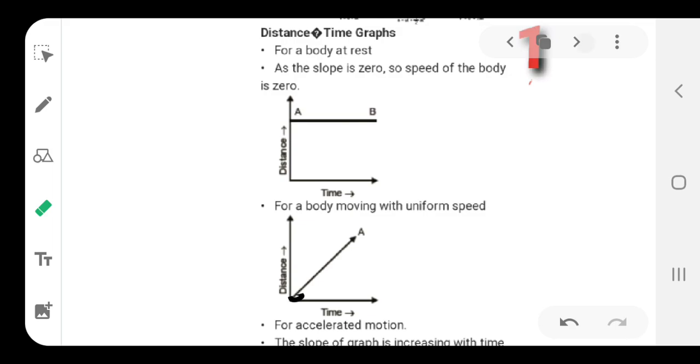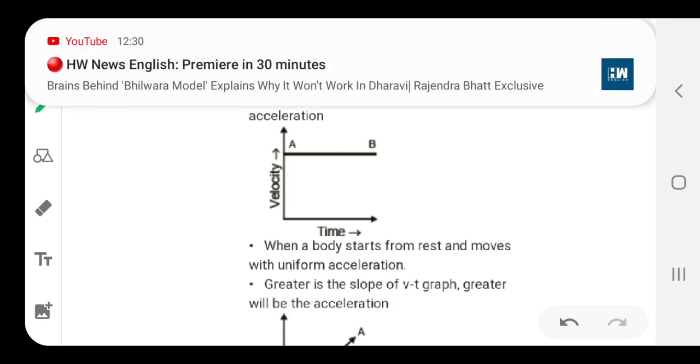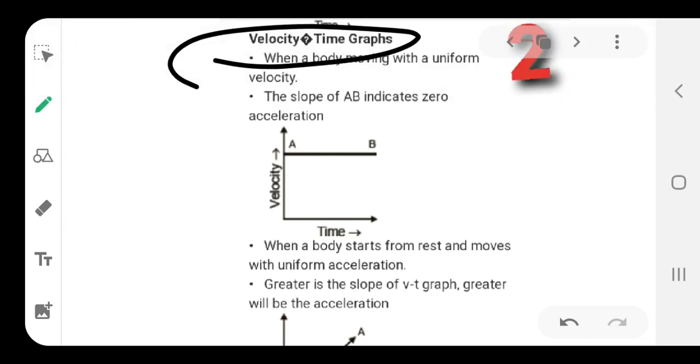the other type of graph that you should know, called the velocity time graph. So, make sure the topic is velocity time graph. In this case, when the body is moving with uniform velocity, the Vt graph is a straight line parallel to the time axis.